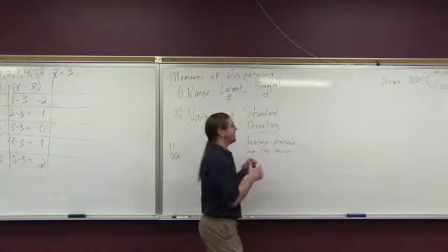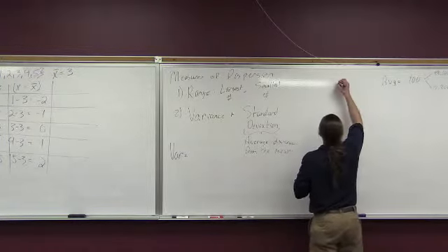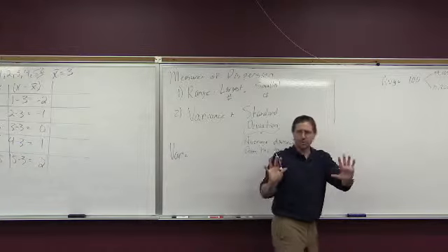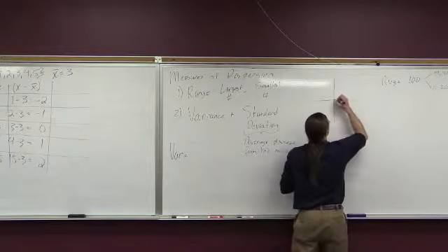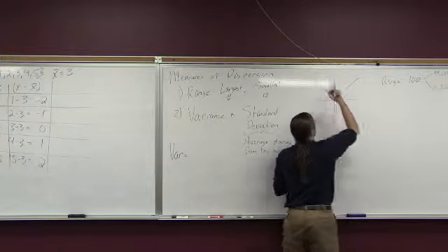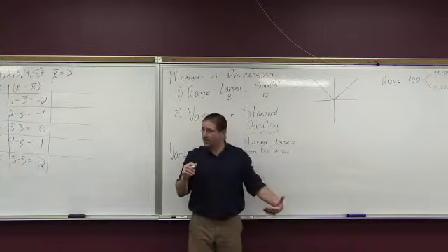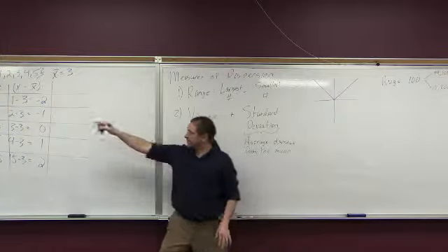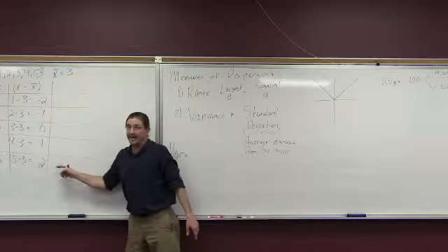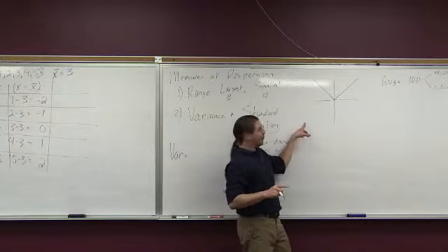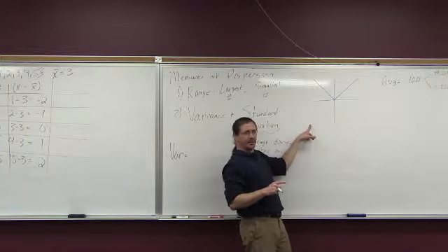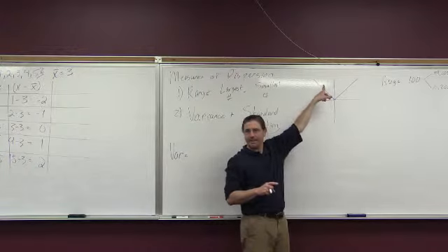Now, the reason why we don't like it, and don't write this in your notes, just observe and understand a little bit, is that if you were to graph the removal of negative signs, normally when you think about the positive or negative values of a number, this line just shoots all the way straight down. But what we did is we said, anytime we get a negative number, just make it positive instead.